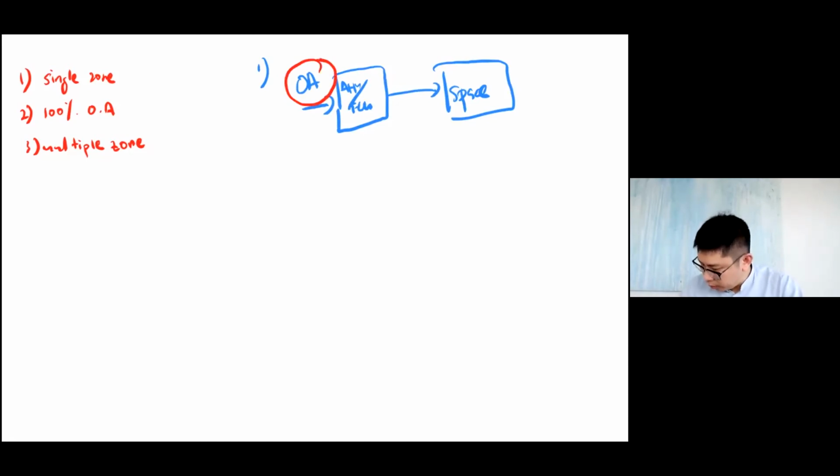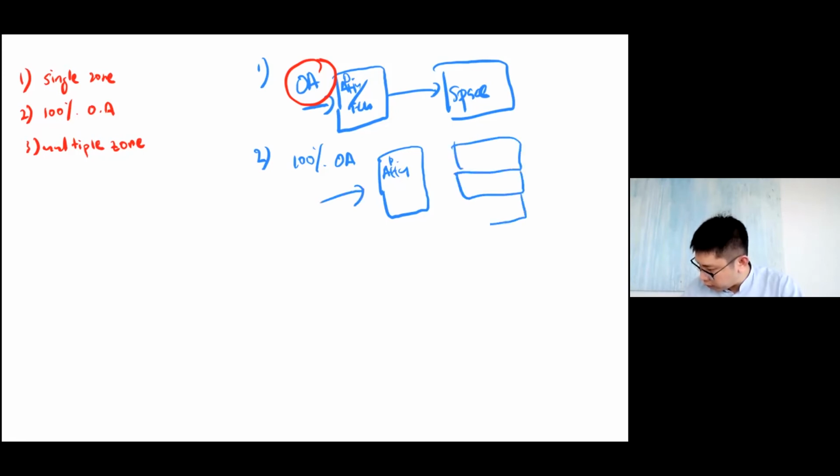Second is 100% fresh air, 100% OA. You have an ASU as well. In this case, primary ASU. Same thing as here, primary ASU. The air comes in, and you can serve a few of the spaces.